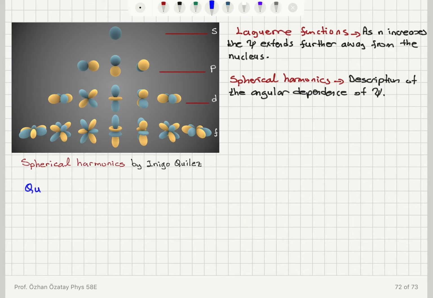So the quantum numbers that arise from solution of the Schrödinger equation for the hydrogen atom, we have N, we have L, and we have M sub L. Okay, so N is called the principal quantum number.